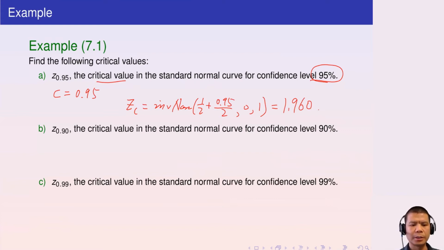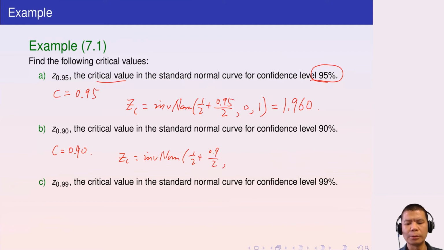Similarly, when C equals 0.90, ZC equals inv norm of 1/2 plus 0.9 over 2, comma 0, comma 1. You should find this is 1.645.